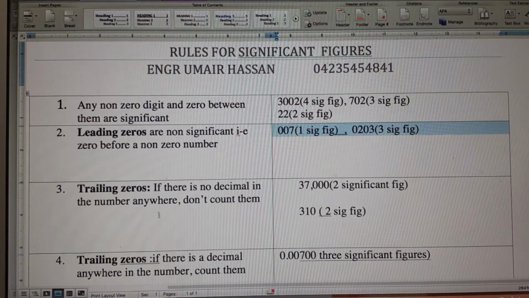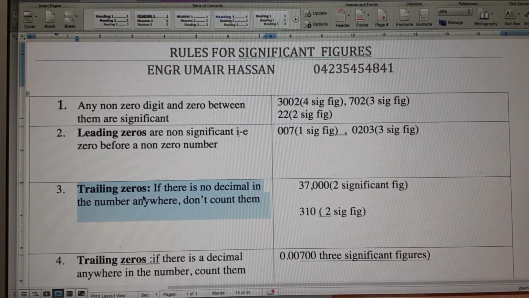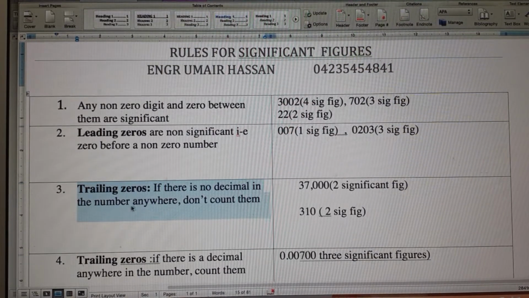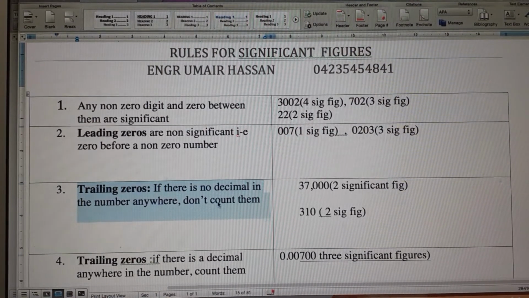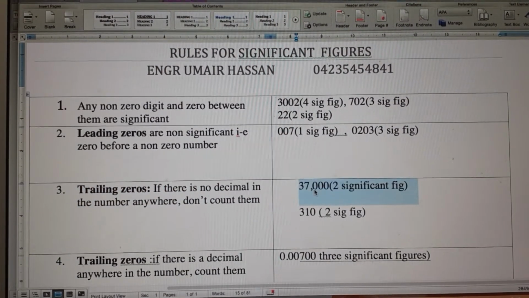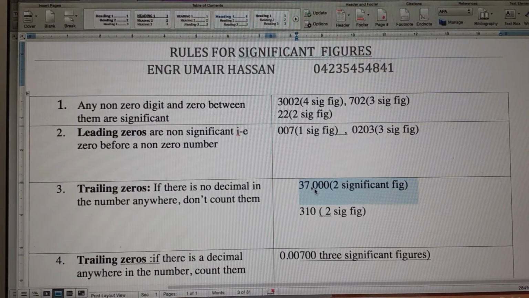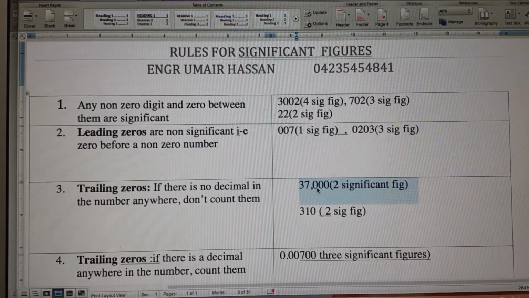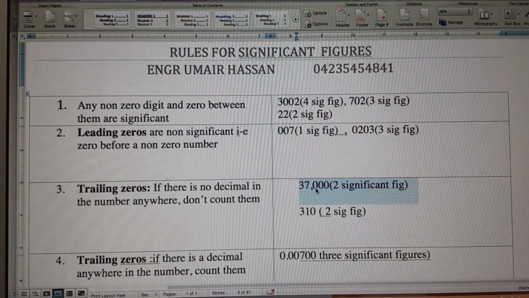Rule number three is about trailing zeros, that is, zeros after a non-zero number. If there is no decimal in the number anywhere, don't count them. Now observe the number 37,000. These three zeros after 37 are trailing zeros.